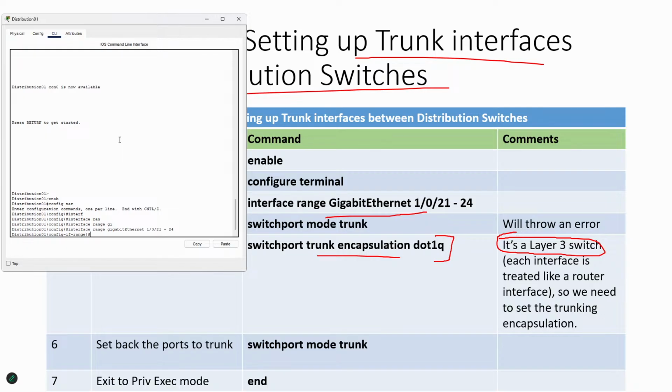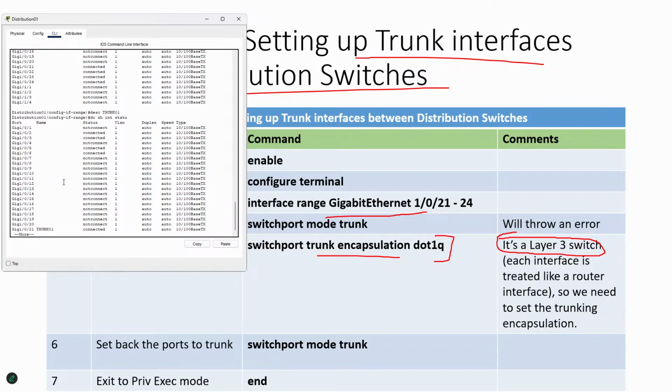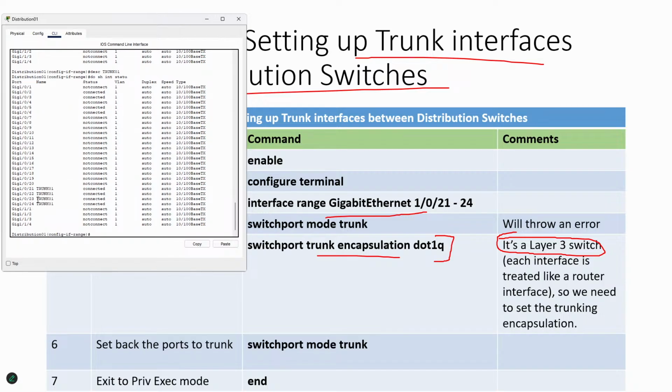Of course, if you don't know what's happening, you can set a description. So let's do a show interface status. There's no name set up for descriptions. So let's see if we have the correct range. Set a description to trunk 01, and we run the show again. Look at it, 21 to 24. So we know this is the selected range. Very nice tip to do.